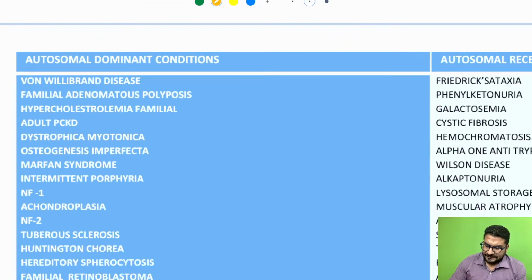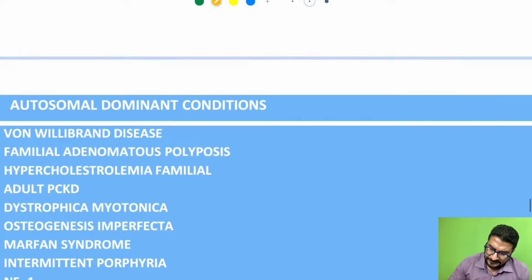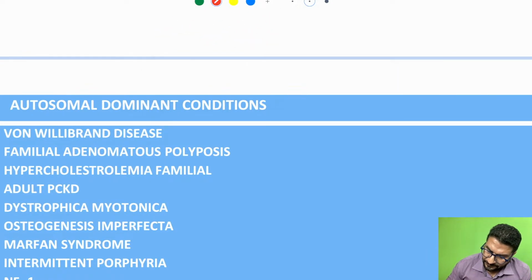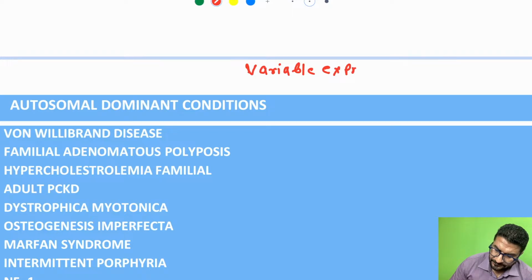Autosomal dominant disease will have a few features. So what are those features? First, you will notice in autosomal dominant you will see variable expression. Variable expression means two people may have the same disease but with different symptoms.